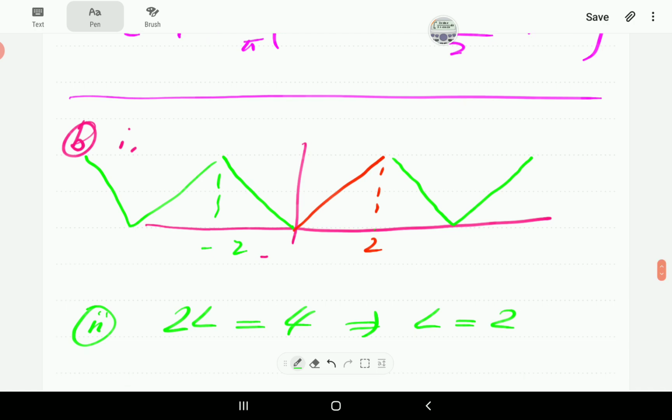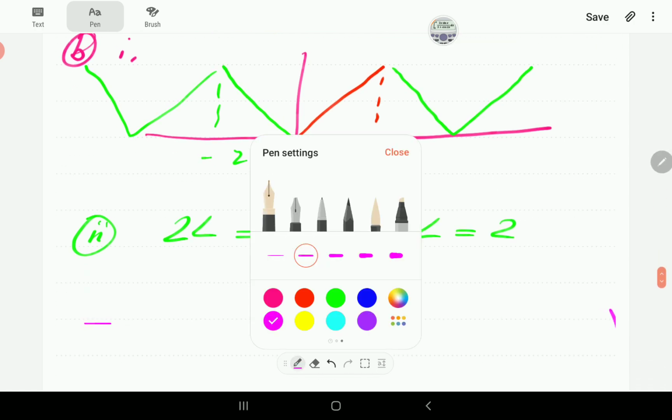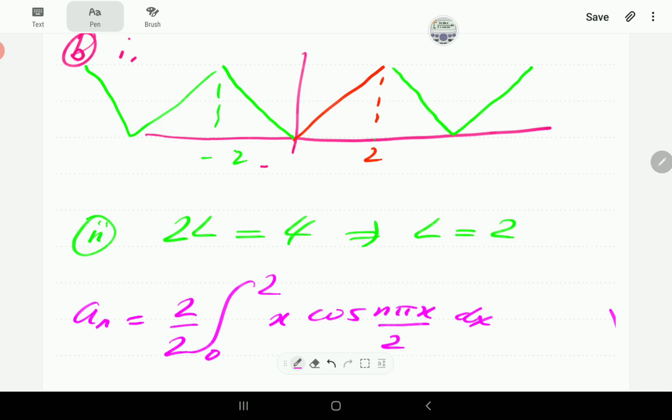Okay, so when we do the calculation, automatically Bn is going to be 0. So it's going to be 2 over L, then from 0 to 2, which is L, x cosine n pi x over L dx.